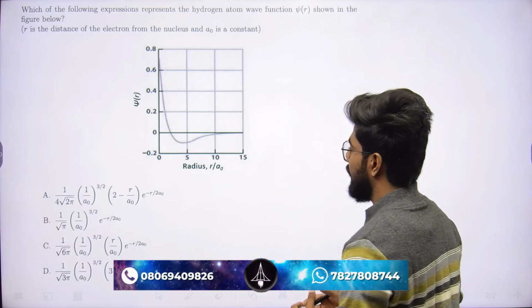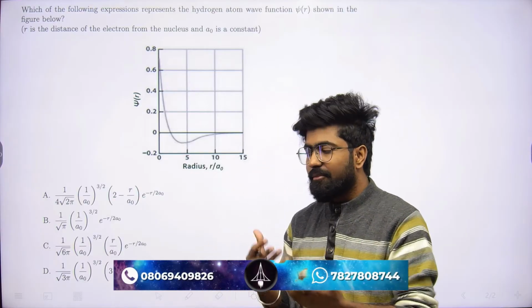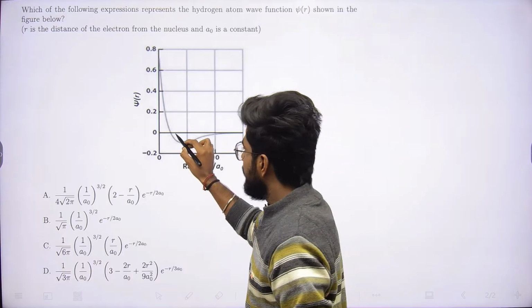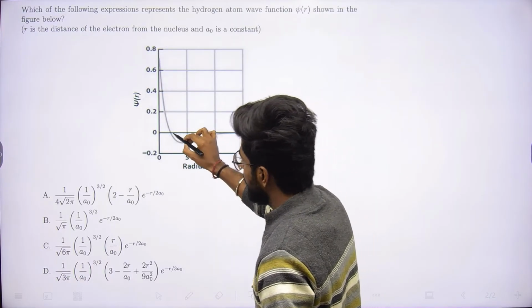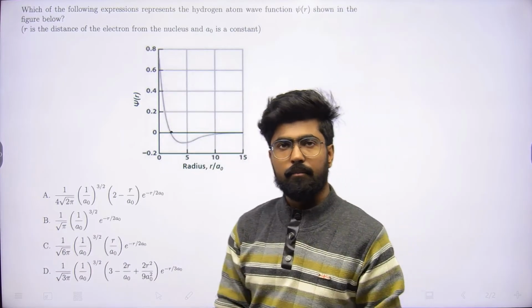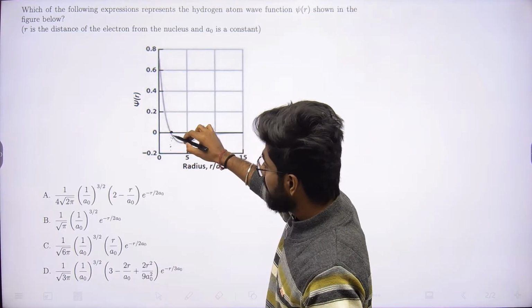For that, you need to understand a very fundamental of atomic structure: whenever the curve of psi r versus the radius gives a value 0 for psi r, it is actually the radius where psi is 0. This is the very important point of this question.